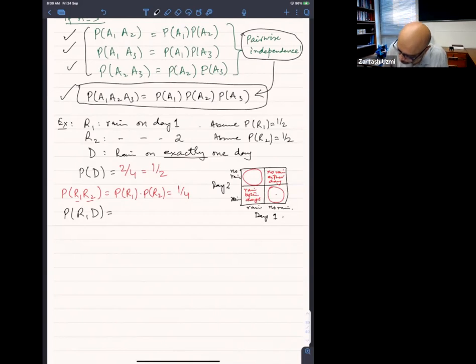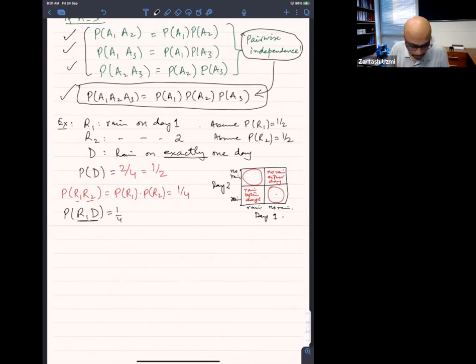R1 and D की प्रोबेबिलिटी क्या है कि डे 1 पे बारिश हुई है और एग्जैक्टली एक दिन बारिश हुई है, which means कि डे 1 पे बारिश हुई है और डे 2 पे बारिश नहीं हुई है. So this is equal to 1/4.